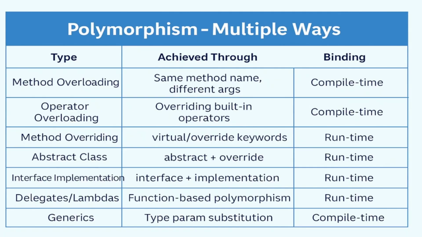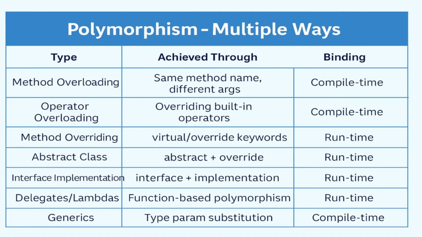You define the interface, the contract, and then all the derived classes which implement those interfaces have their own implementation. And then delegates, lambdas, as well as generics. Those are some of the different ways you implement polymorphism.